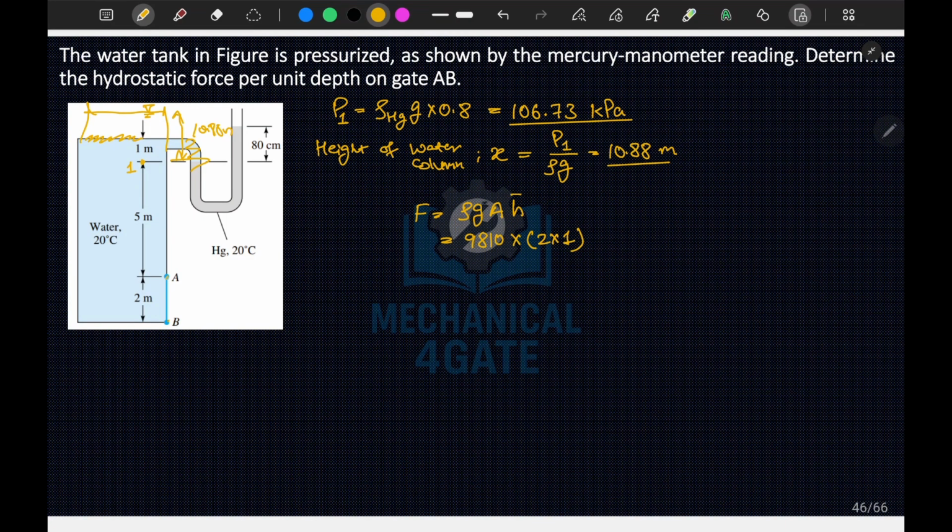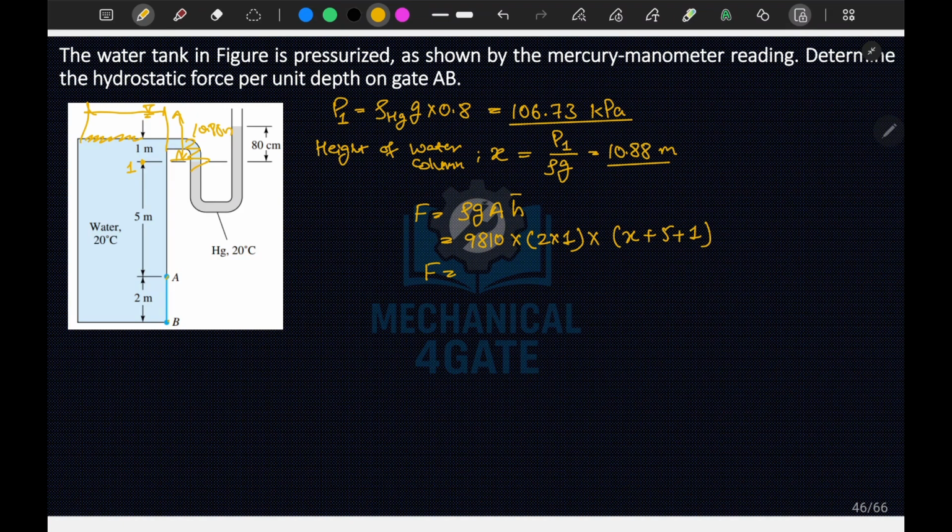Here 2 is the height and 1 is the unit depth. And h bar is x plus 5, this distance, plus this one, which is half, sorry, 1.